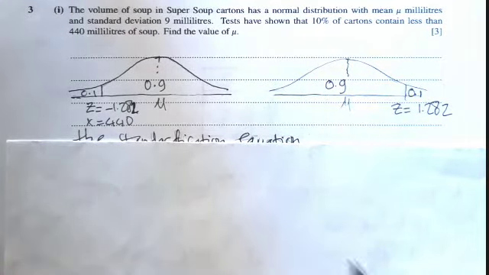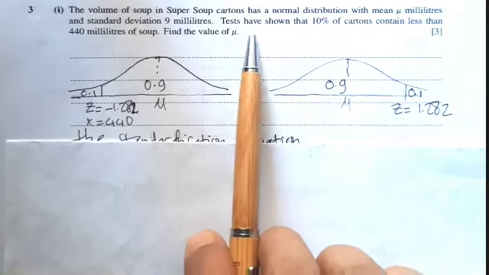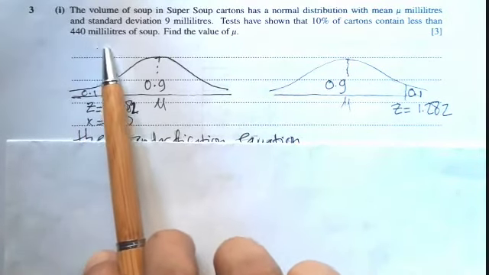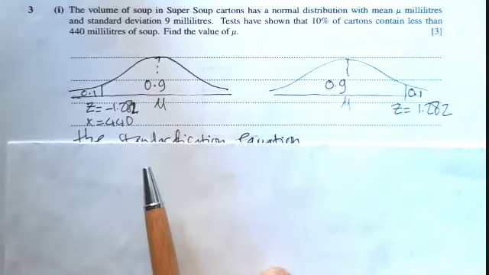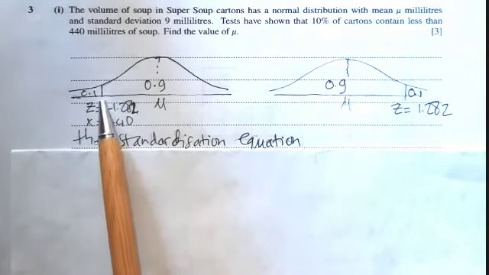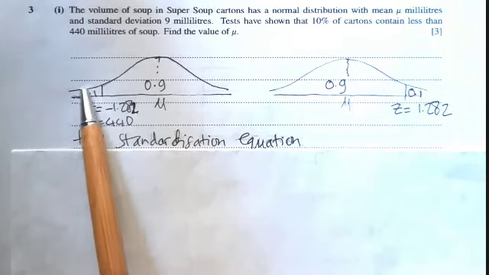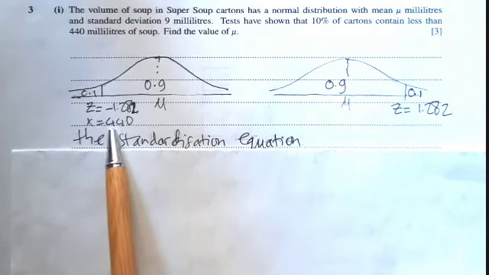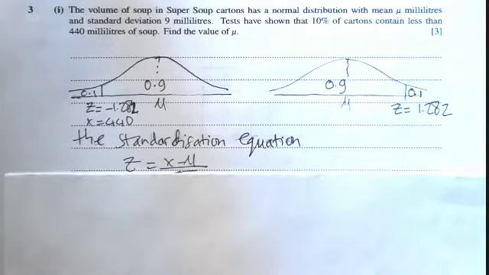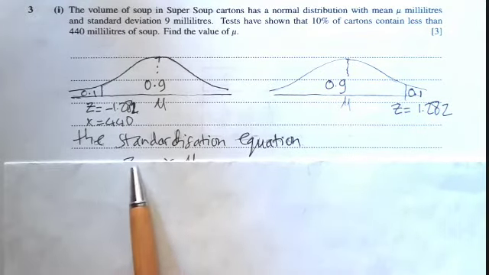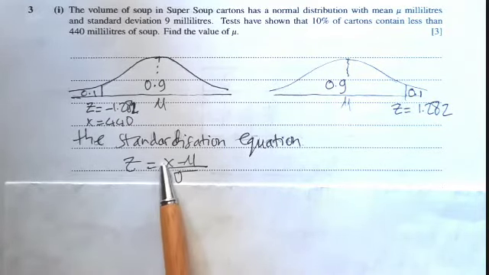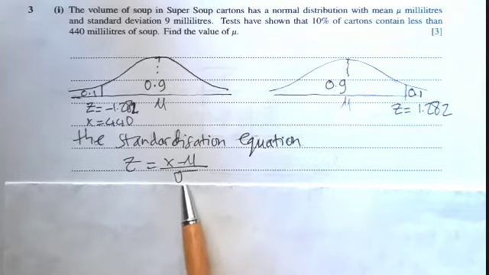Now, the test shows that 10% of the cartons contain less than 440 milliliters of soup. Thus 0.1 is the probability that x is less than 440. First we use the standardization equation, z equals x minus mu per sigma.